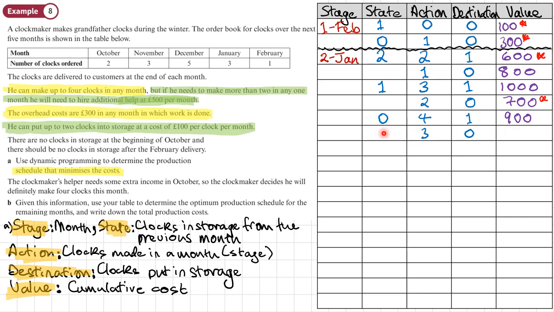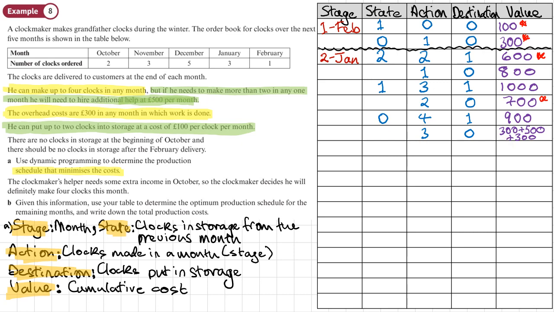Make 3, so overhead and additional help, 300 plus 500, and doing it the proper way, 0 going across here, that's another 300. So that's basically the cost of making a clock in the next month, because I haven't got any excess here, and that will give me 1,100.